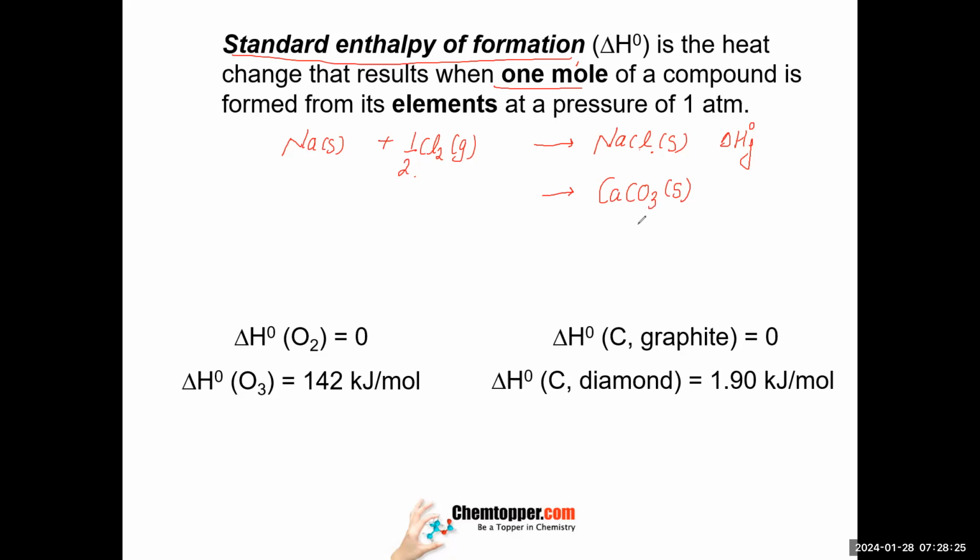Now what are the elements here? Identify the elements. Calcium. Under normal condition, is calcium solid or liquid or gas? Calcium is solid.